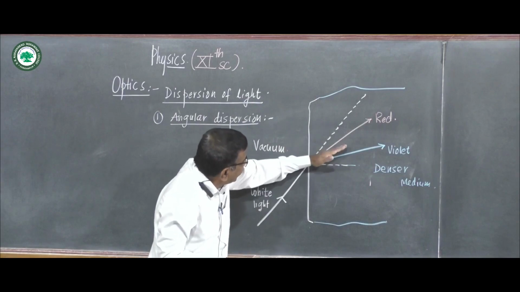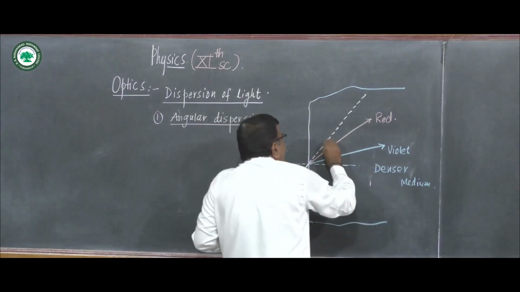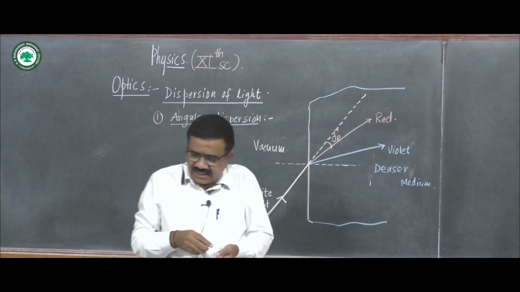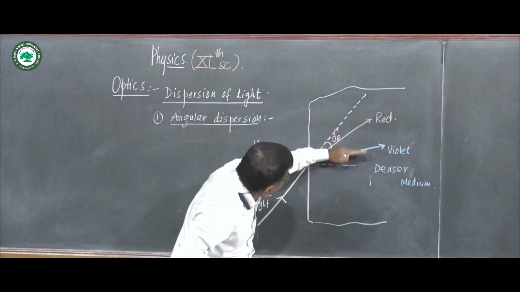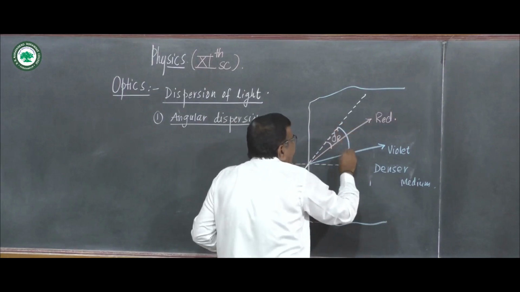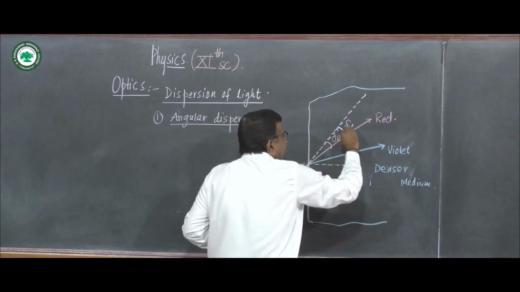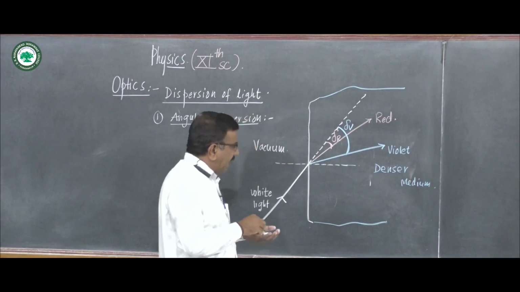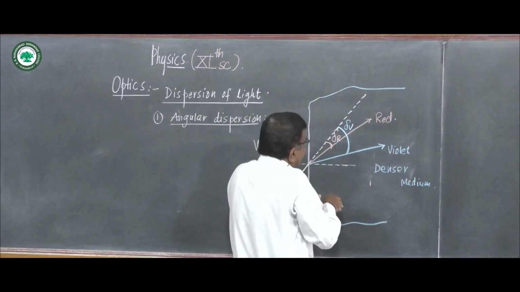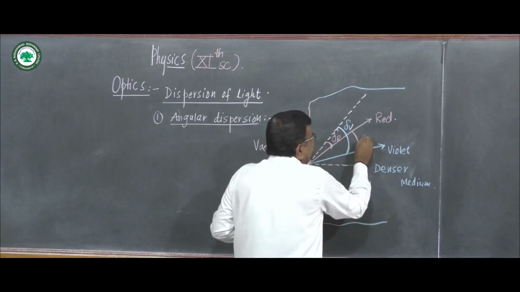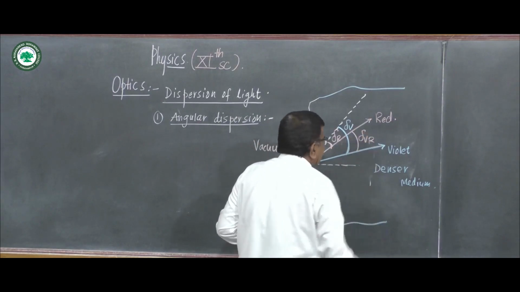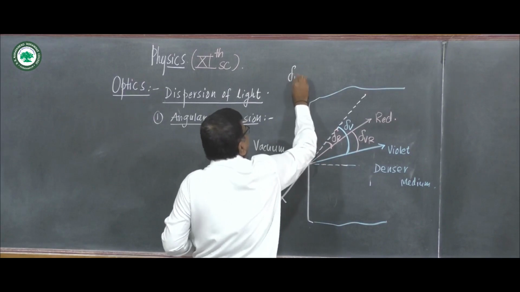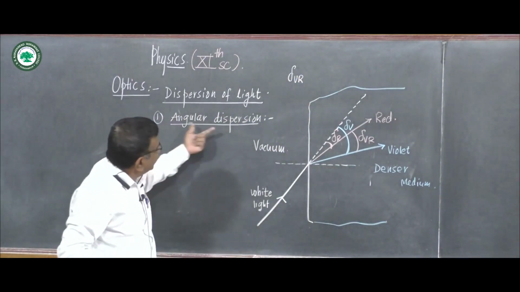So this red color is deviated by this much angle. This is the angle of deviation for the red color, delta R. Deviation of violet color is maximum, so this is the angle of deviation for the violet color, delta V. The difference between these two angles is delta VR, and this delta VR is nothing but the angular dispersion.